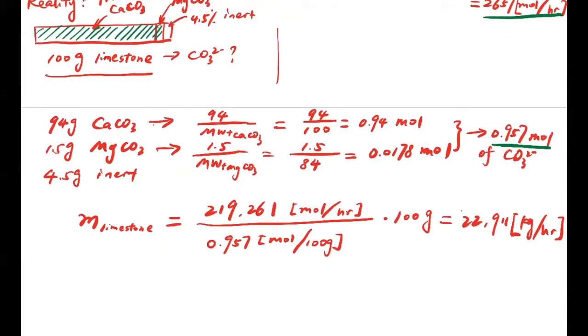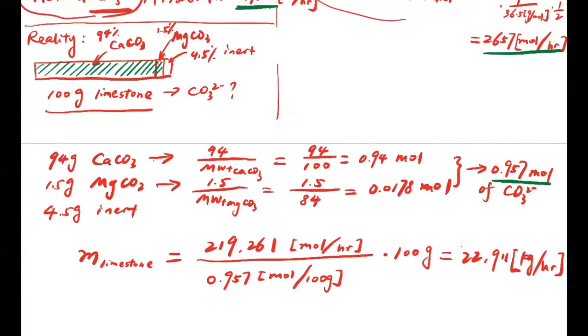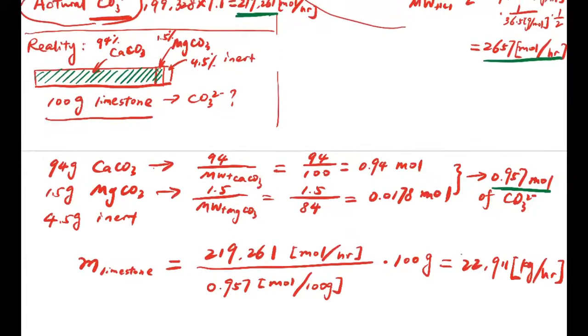Okay. So I think there are quite many steps of calculations here. But the general idea is that we're using the carbonate ions as a link between the acidic gases and the limestone.